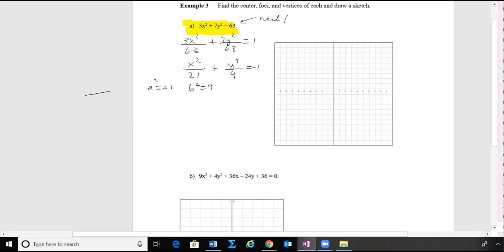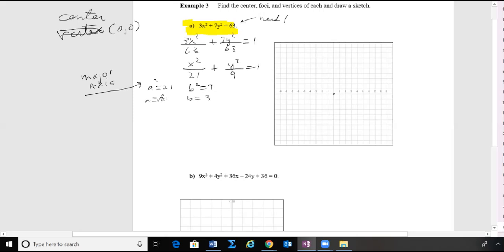So this tells you that the major axis lies on the x-axis, because we can also see right away that our center, not vertex, I meant center, is at the origin for this one. Now this tells you that A is root 21 and B is 3.